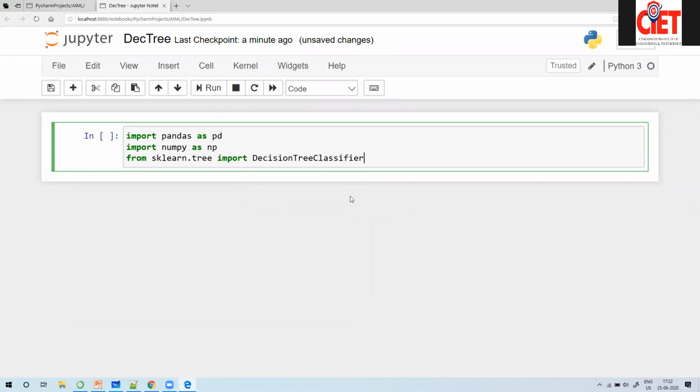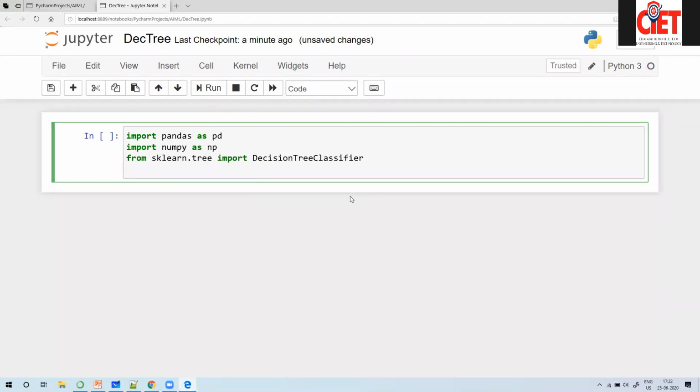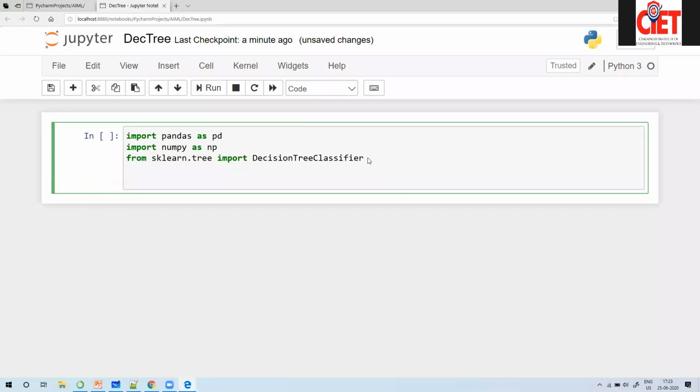One is called CART, classification and regression trees. We will see what is the science behind it in a little while. And the name itself says these decision trees are capable of producing both classification as well as regression.